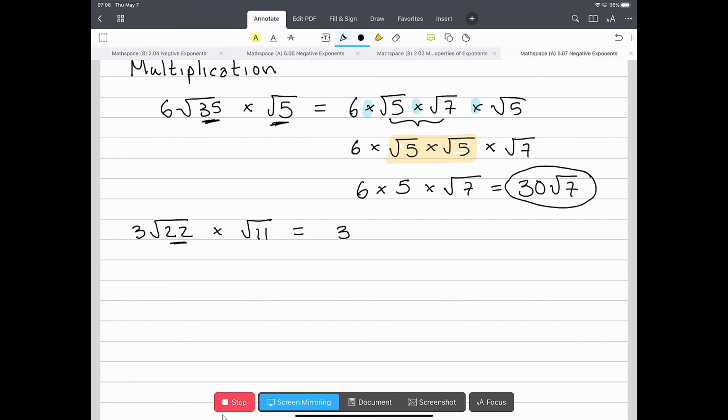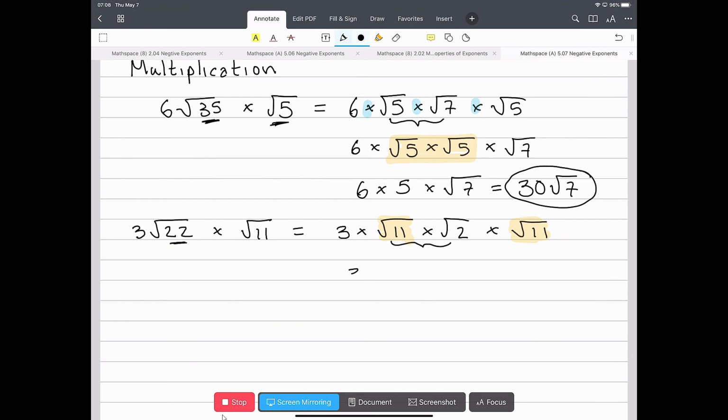So I'm going to do that. There's the square root of 22 expressed as a multiplication of two factors. Multiply by that last square root of 11. And by doing that, I now have two square roots of 11 here.